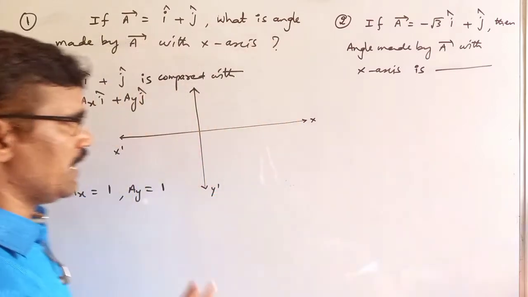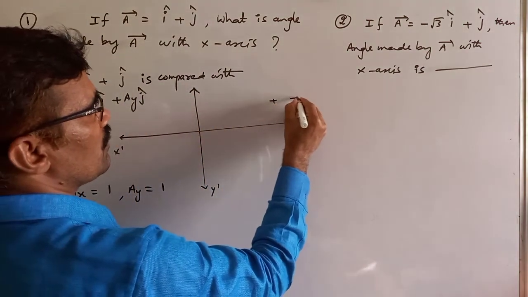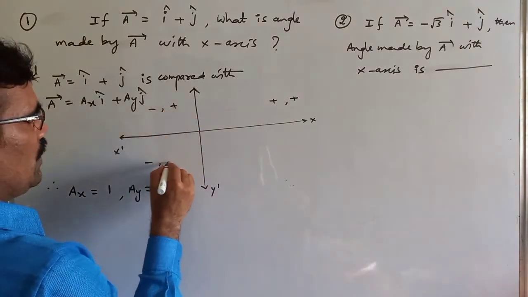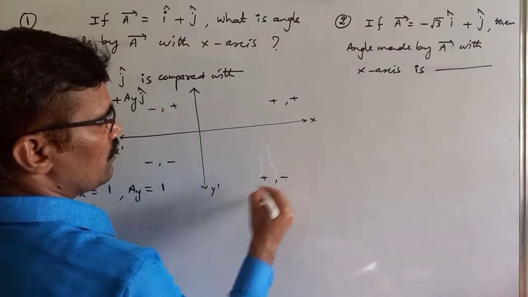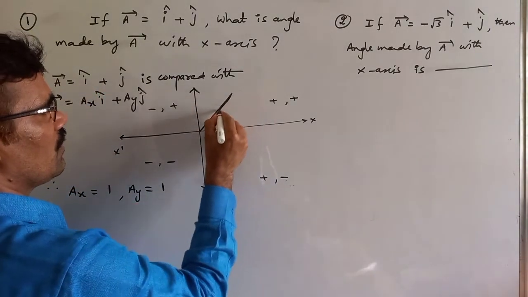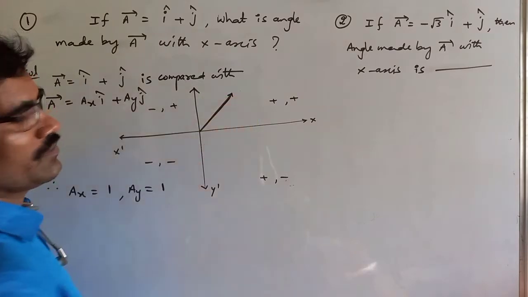Both positive, so which quadrant? Negative, positive is one quadrant; positive, negative is another. Here both are positive, so this is in the first quadrant.